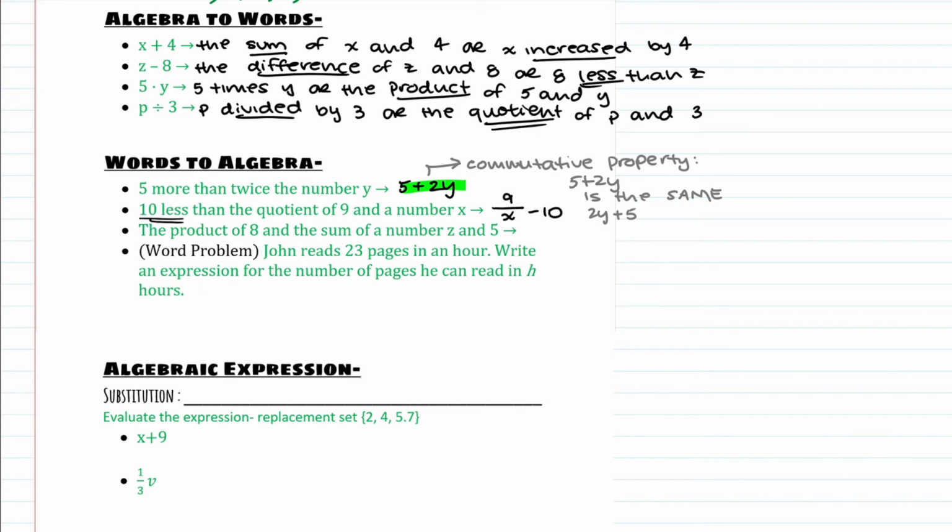the product of 8 and the sum of a number z and 5. So what this is saying is that I see product, meaning multiplication. So I know that 8 is going to be multiplied to something. And it's now saying the sum of a number z and 5.